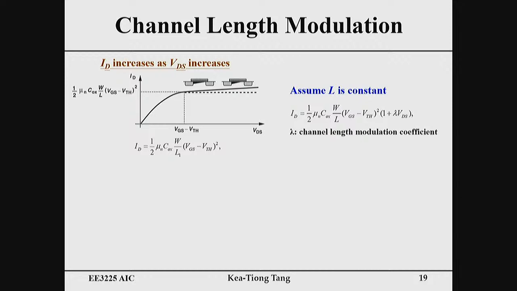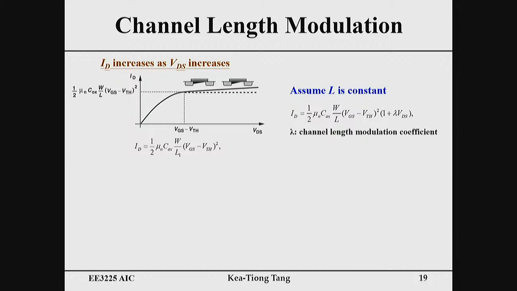Lambda is a coefficient called the channel length modulation coefficient, and VDS is the drain to source voltage. So basically, it would be this current, but plus some modification. This is just a linearly dependent function, so the slope is lambda. If we increase VDS, VDS times lambda is the amount to be modified.